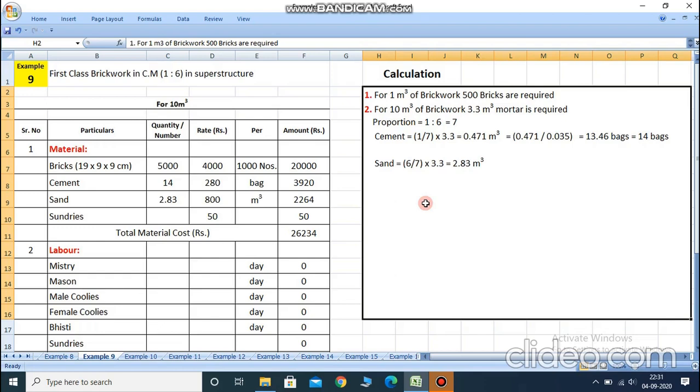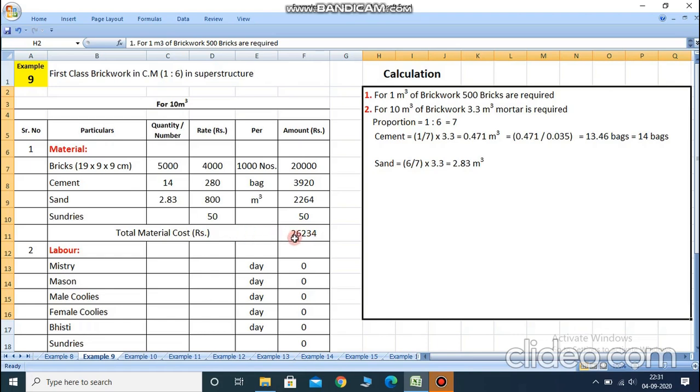Clear? Then the summation of the brick, cement, sand and sundries: 20,000, 3,920, and 2,264, plus 50 rupees. So we got 26,234 rupees as the total material cost.